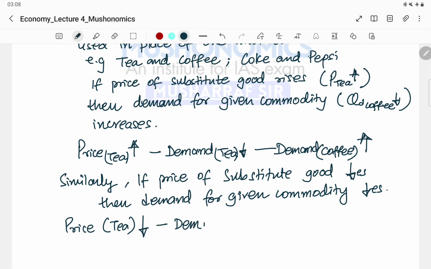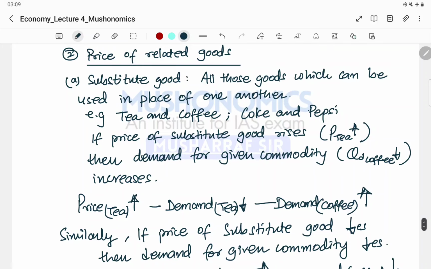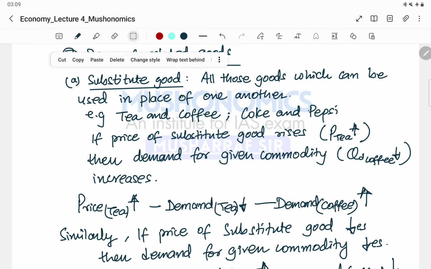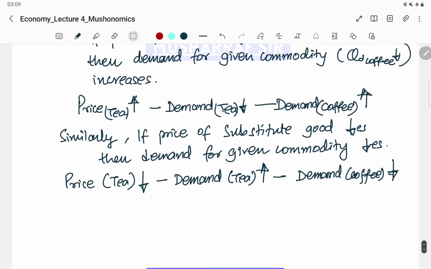Then the demand for tea will increase. If the demand for tea is increasing, then the demand for coffee will decrease, because coffee will be substituted by tea, right? So this is one point where we talk about substitute goods.